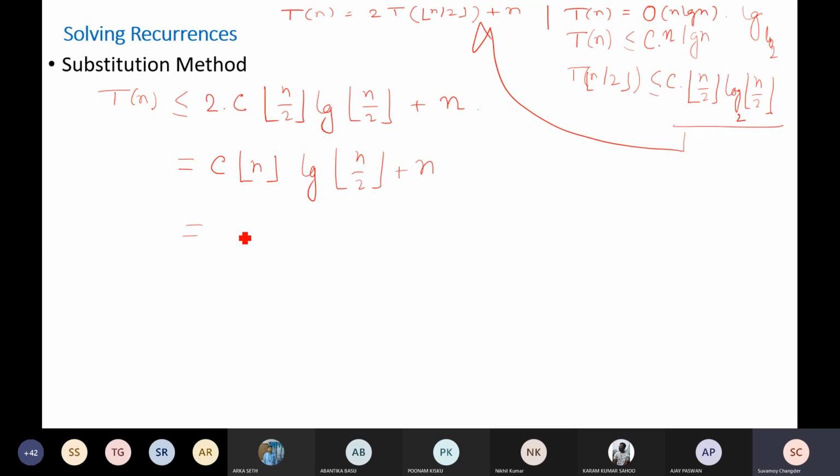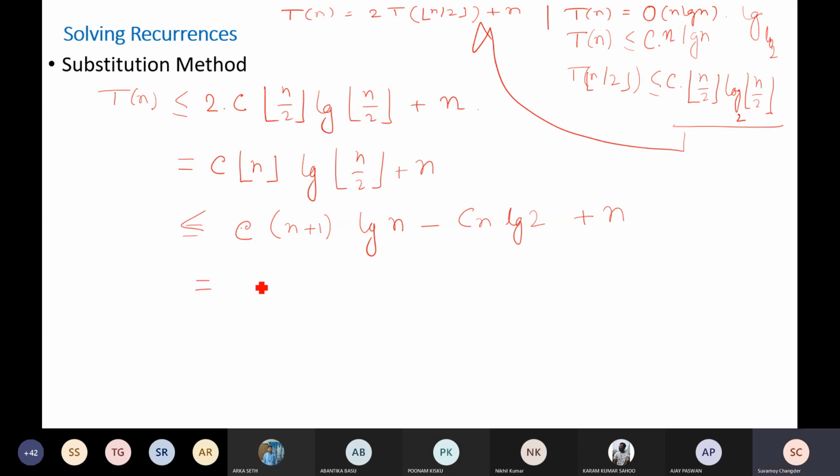So we can write less than or equal to C n log n minus Cn log 2 plus n.